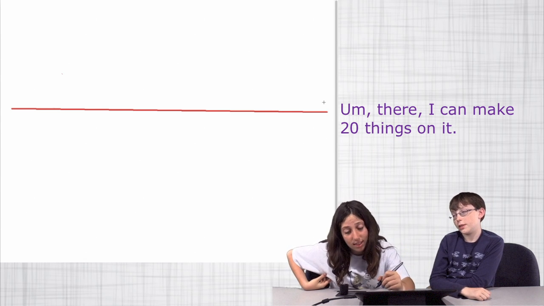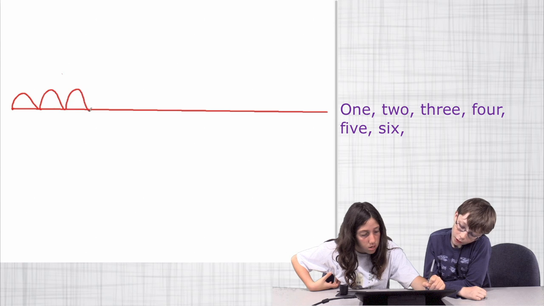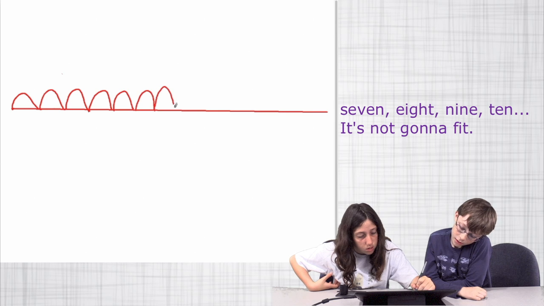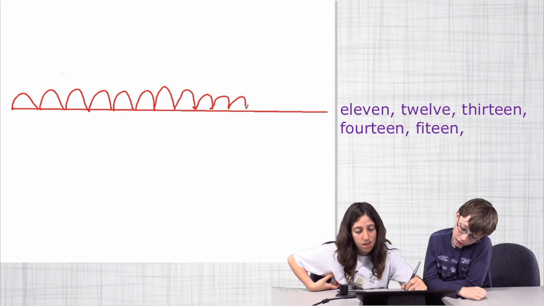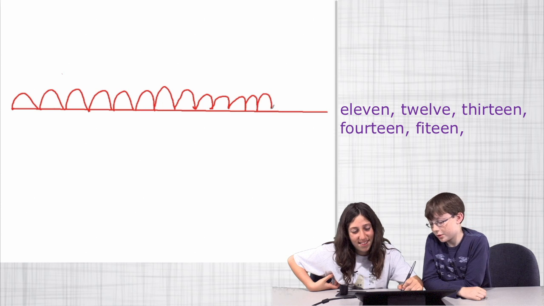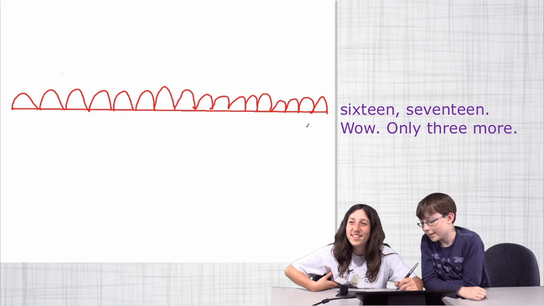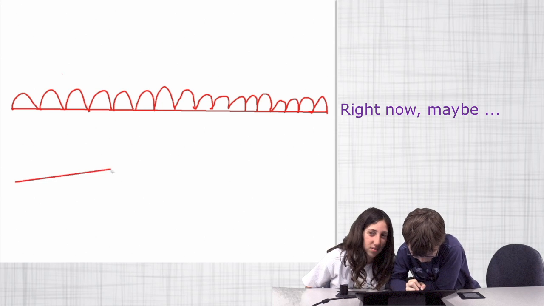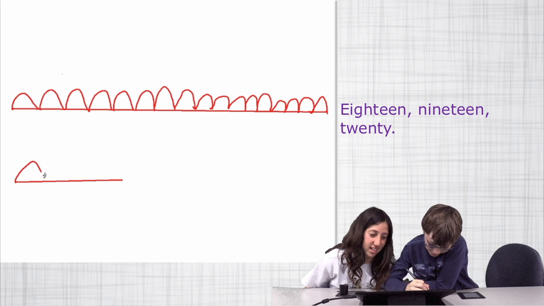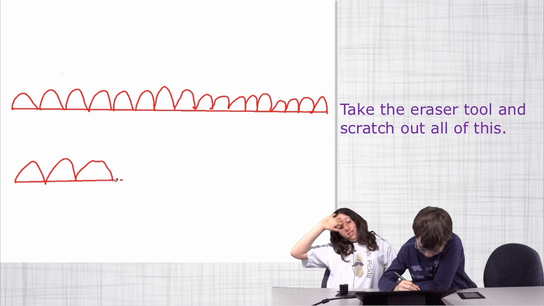Then I can make 20 things on it. 1, 2, 3, 4, 5, 6, 7, 8, 9, I'm not sure there's enough room. 10, 11, 12, 13, 14, 15, 16, 17. Wow, only 3 more. 18, 19, 20. I got it.